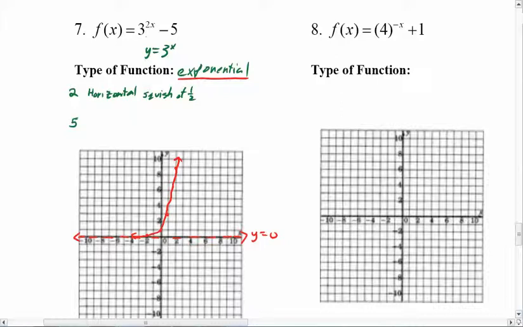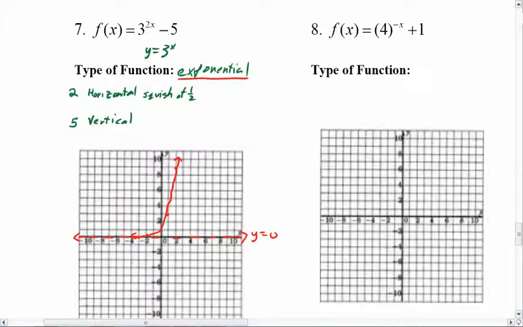Now we're going to look at the minus 5. The minus 5 is not being done directly to the x. Our rule says if it's done directly to x, it's horizontal. Well, this is not directly done to x, therefore it is not horizontal. That means it's vertical. From now on with this 5, I'm only thinking up and down. I can't do any side to side, no matter what it is.